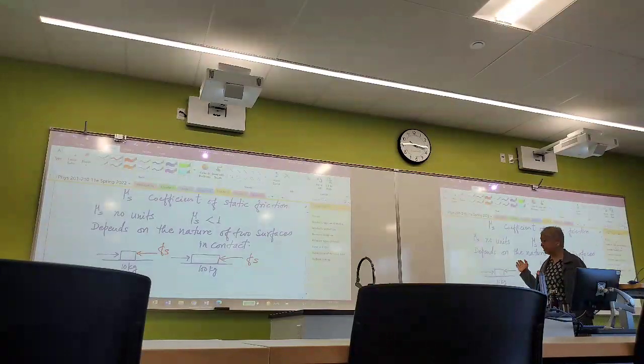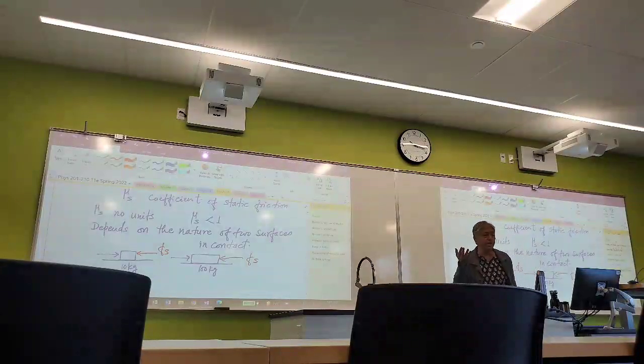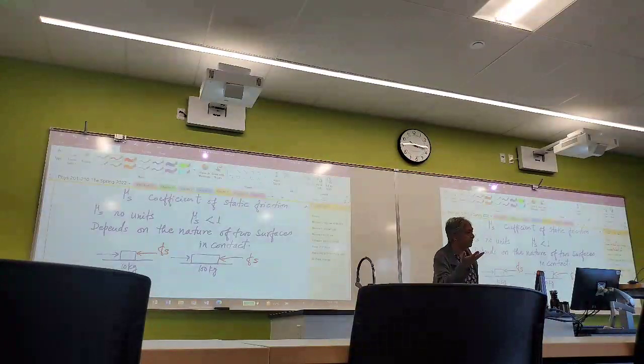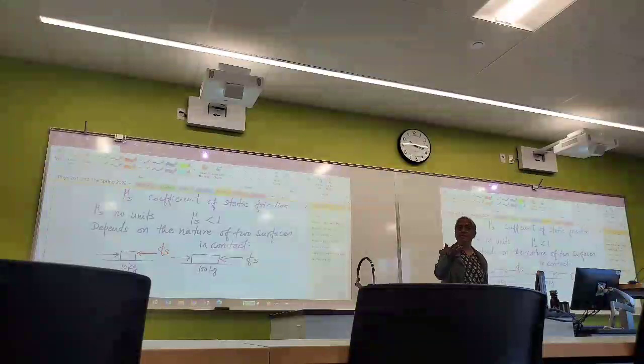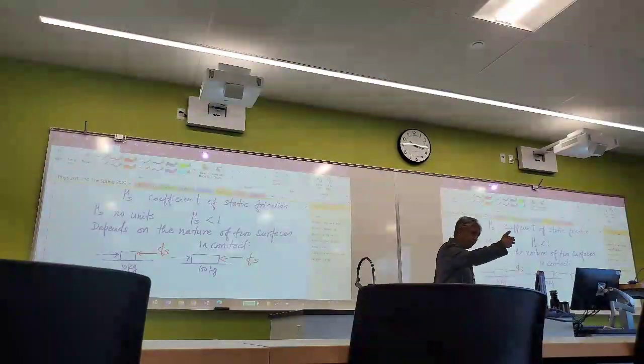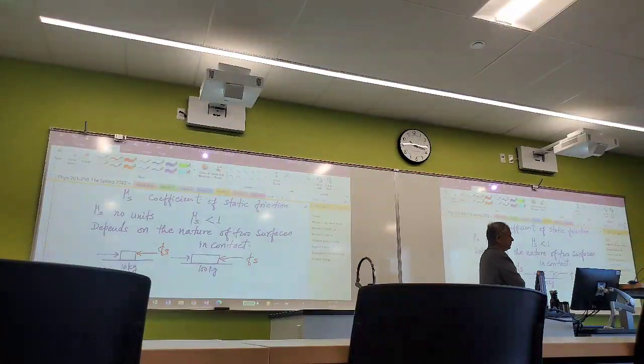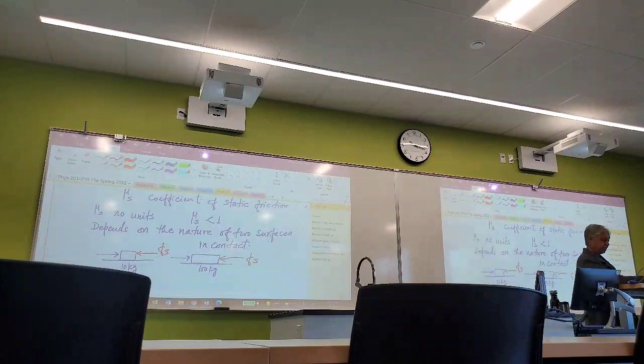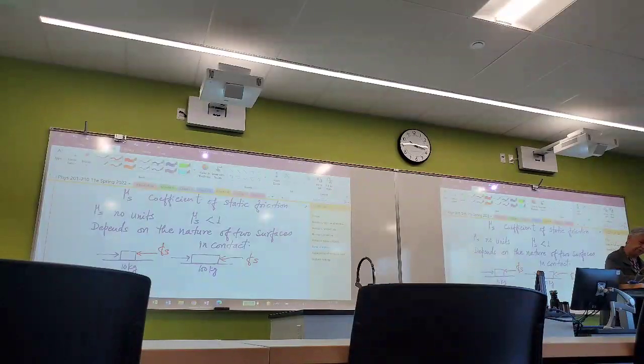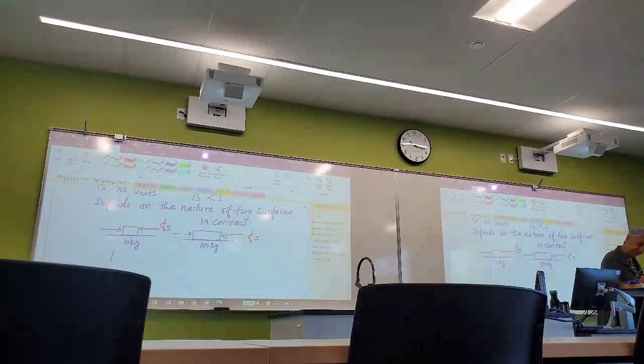If you are applying force to the right, in which direction do you think it will move? To the right, correct? So if it doesn't move, then the friction is acting opposite, isn't it? So you can write that the force of friction always acts opposite to the direction of motion.